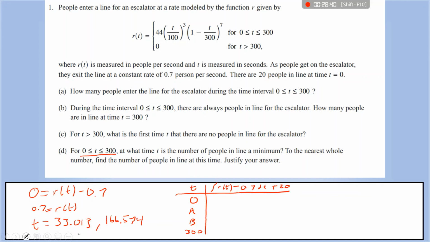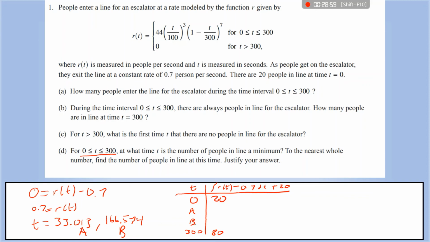So I'm going to integrate these really quick and add 20. If I integrate from 0 to 0, there would be no change, so my starting number was 20. I've already integrated at 300, so we know that number was 80.